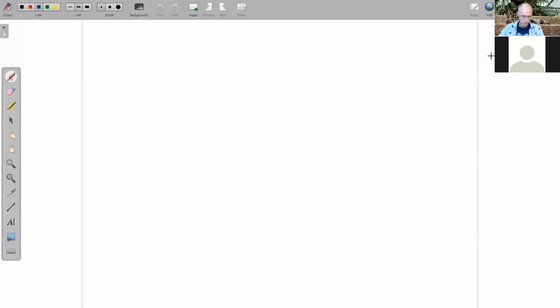We are now moving on to decimals and related ideas. And the question is, what does decimal mean? So think about that for a second. The word decimal, what does it mean?